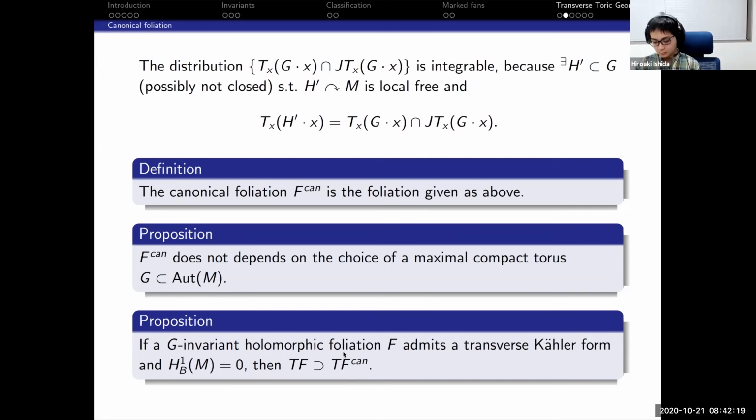So the canonical foliation gives a non-trivial lower bound for the existence of certain transverse scalar forms.